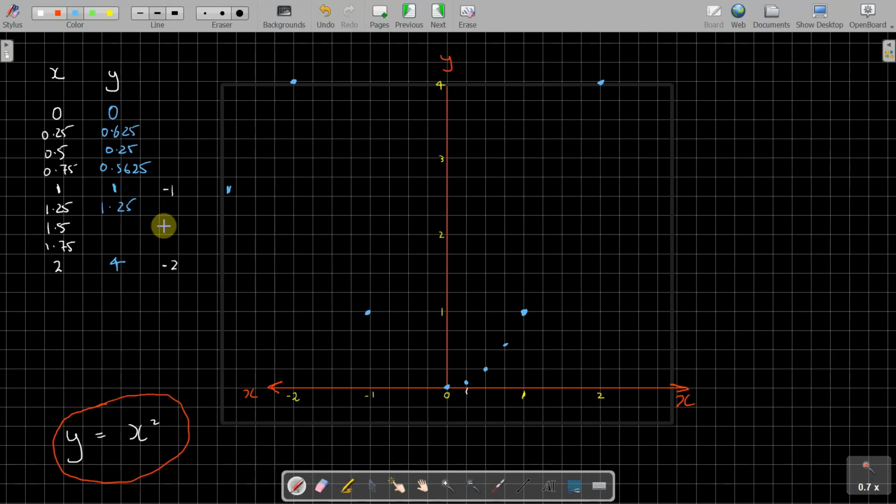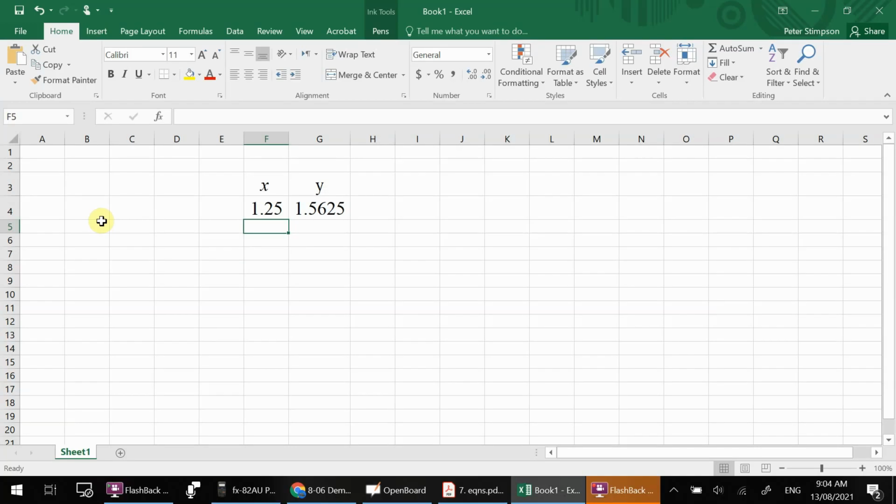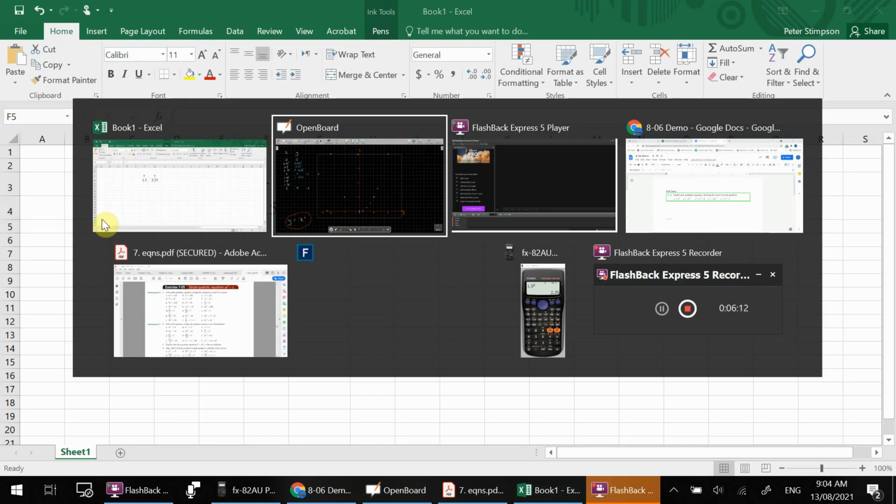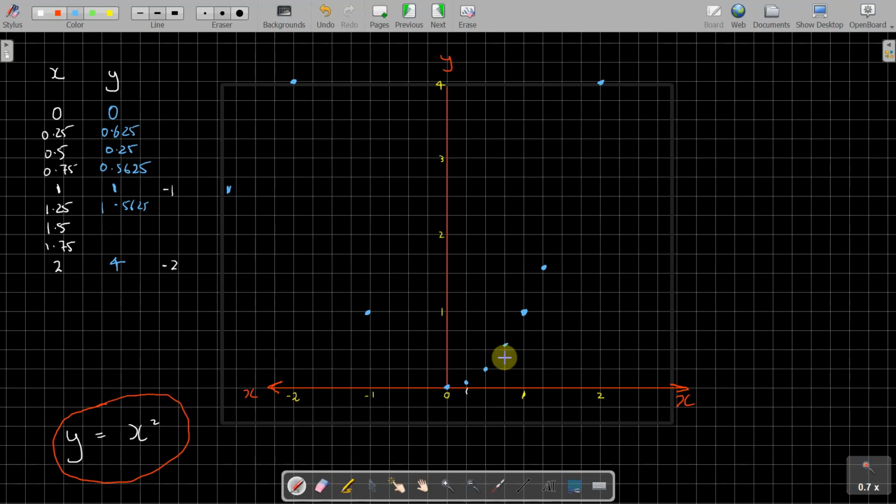Oh, just erase that. 1.25, 1.5, that's about there. 1.5 squared is 2.25. So 1.5, and 2.25 is there.